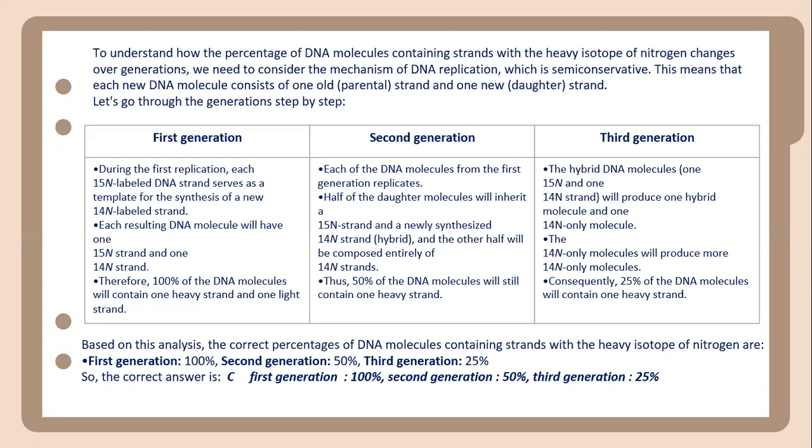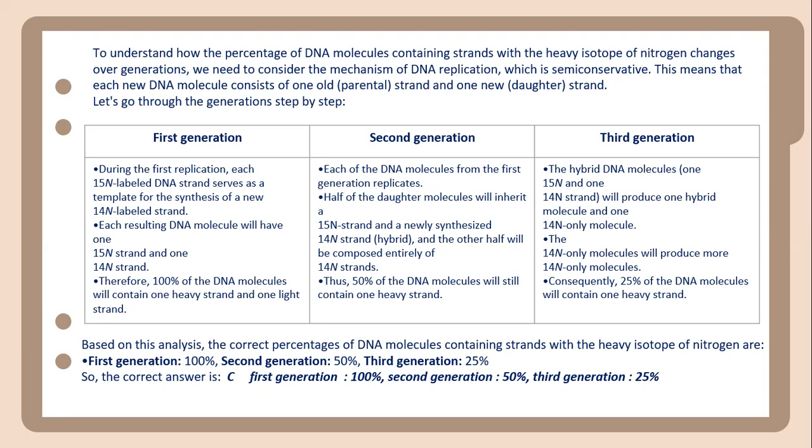And for the second generation, each of the DNA molecules from the first generation replicates, and half of the daughter molecules will inherit a 15N strand and a newly synthesized 14N strand as a hybrid, and the other half will be composed entirely of 14N strands, and thus 50% of the DNA molecules will still contain one heavy strand.